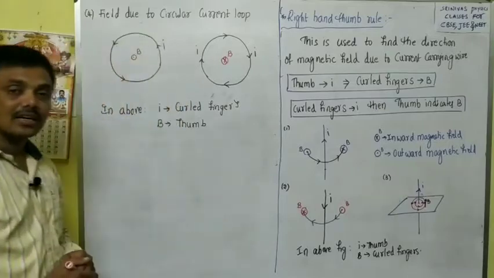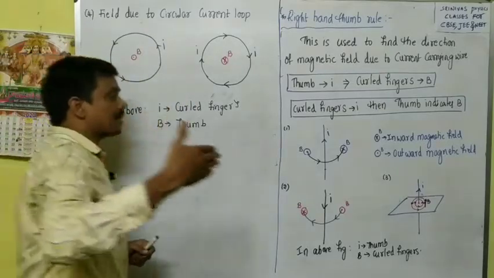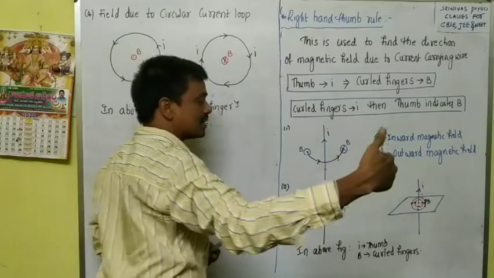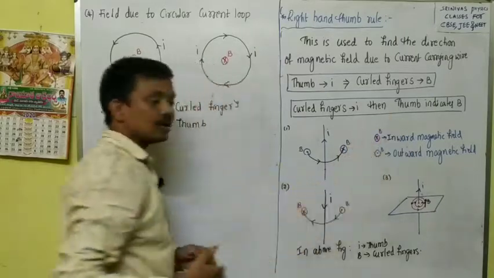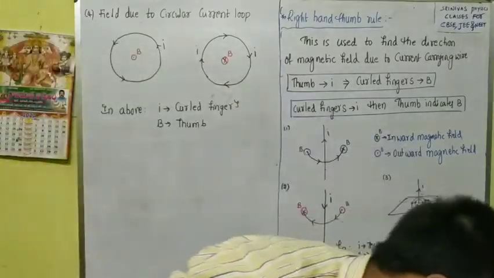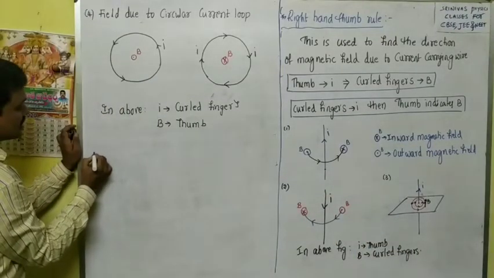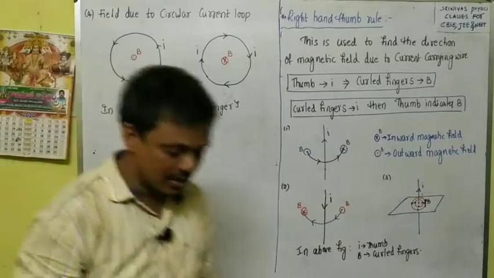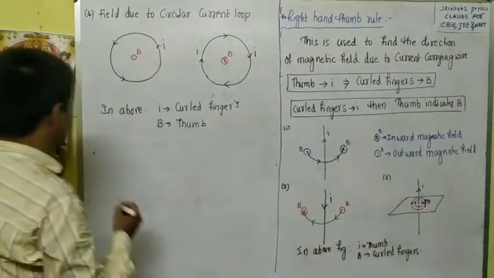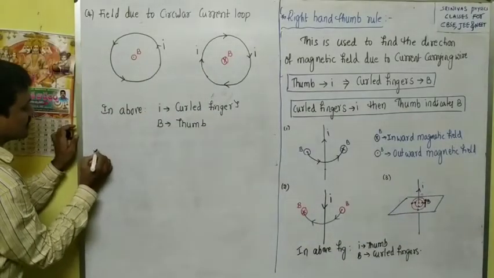Inward means what? Inward is perpendicular to the board. Inward means the field enters into the board, perpendicular to it. Sometimes, here you see this cross with I like this.